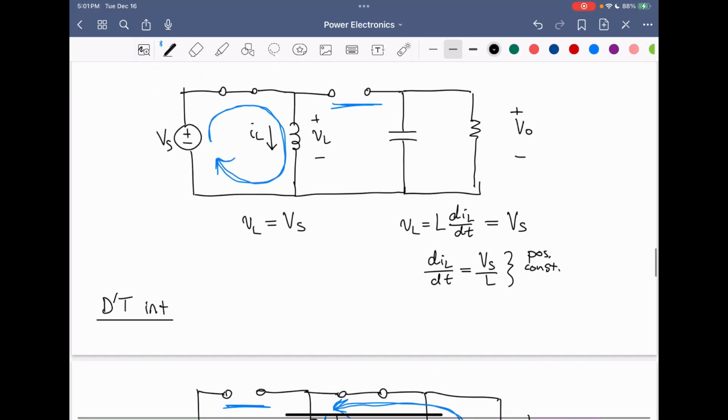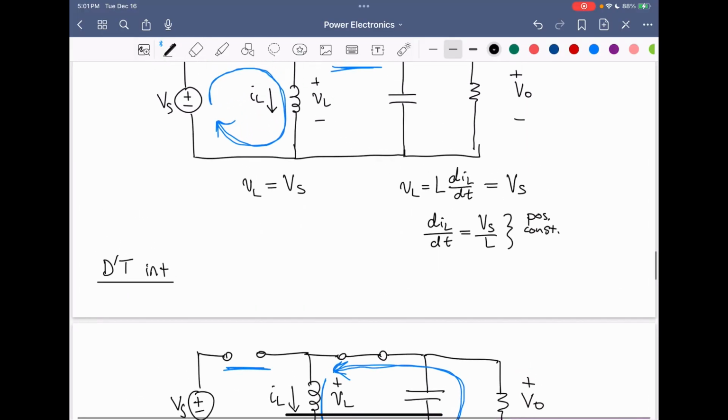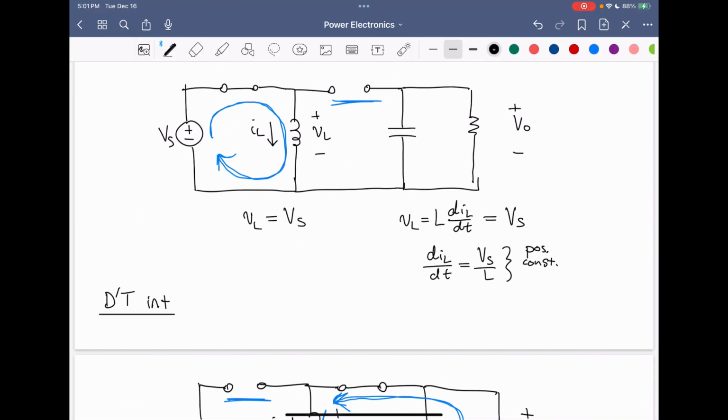So the inductor current is linearly increasing in this interval with slope Vs over L. Because it's linearly increasing, we can also express that the change in inductor current in this interval over the time duration of the interval, which is dT, is equal to Vs over L.